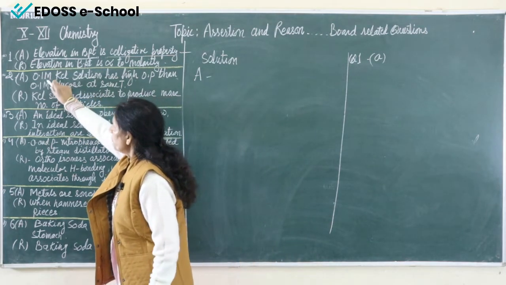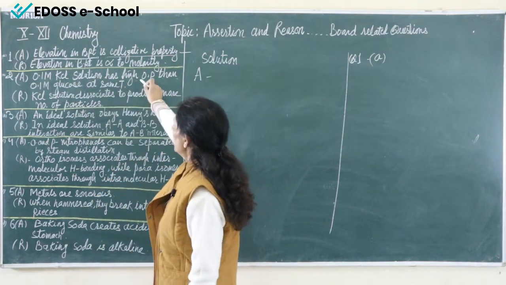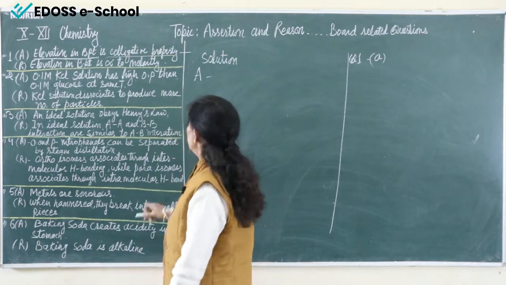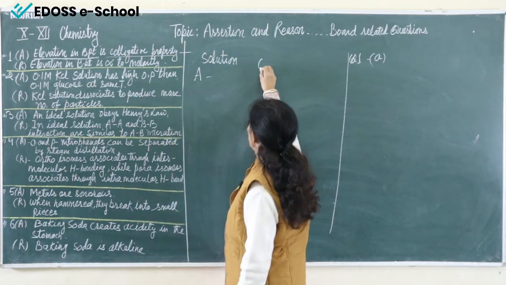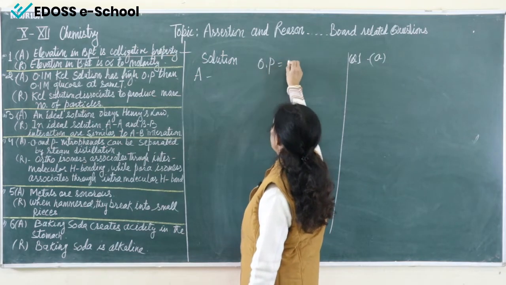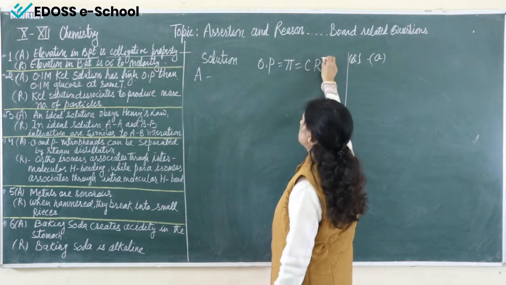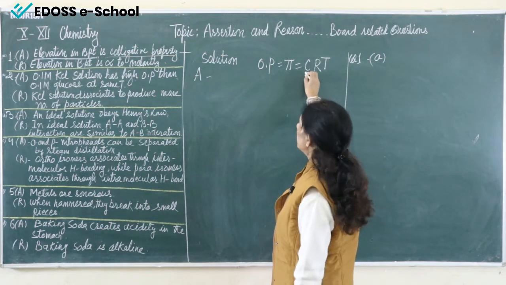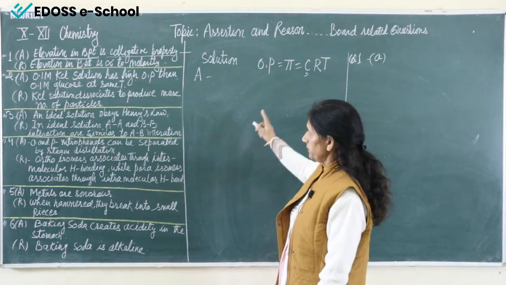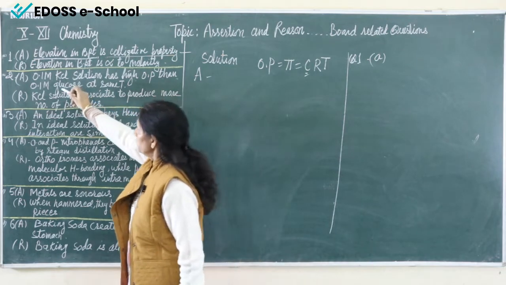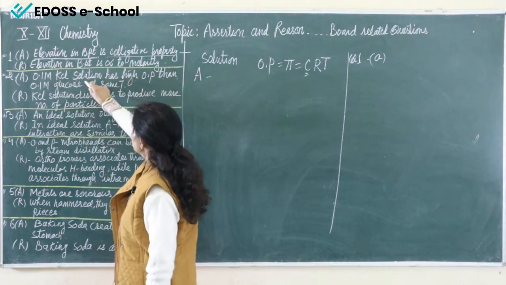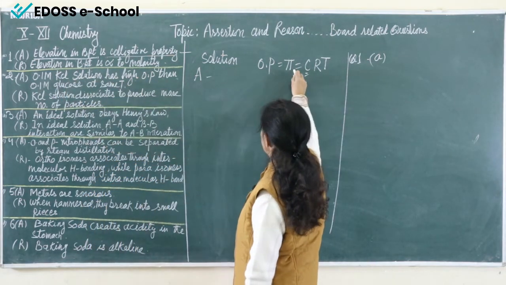So 0.1 m KCl solution has high osmotic pressure. Now osmotic pressure means pi, and we know that pi is equal to CRT, and C means concentration.